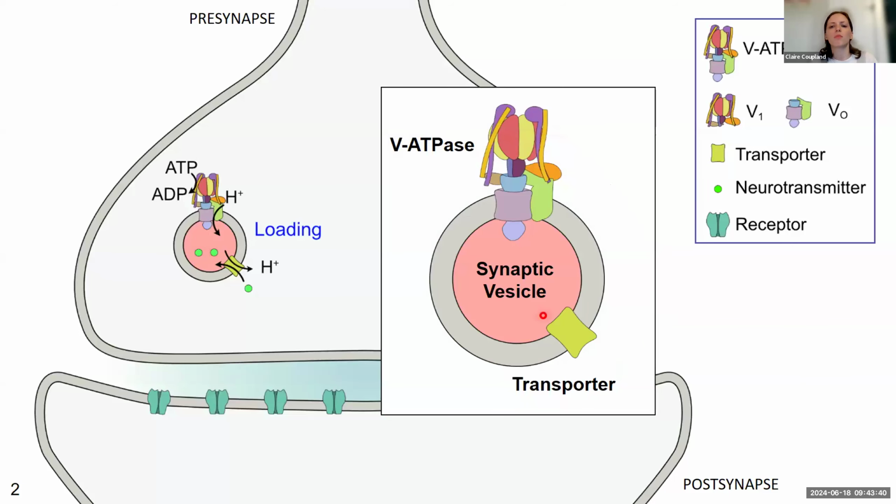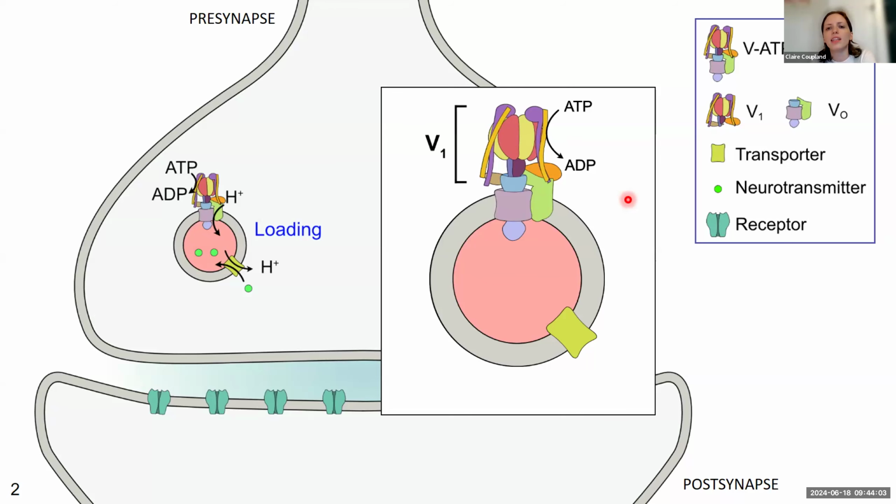Within the synaptic vesicle, you have transporters that are important for the import of neurotransmitters into synaptic vesicles. There's also a V-ATPase, which is a multi-subunit, very large, around 700 kilodalton proton pump that creates a proton gradient. The V-ATPase takes ATP and hydrolyzes it into ADP in this soluble V1 region. This hydrolysis causes the rotation of a ring within the membrane-embedded VO region.